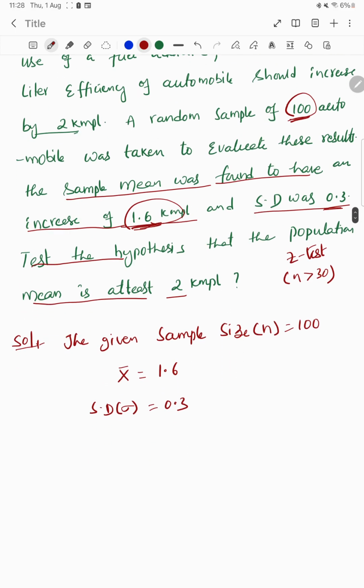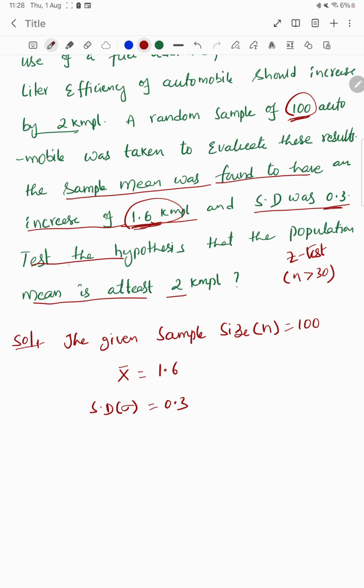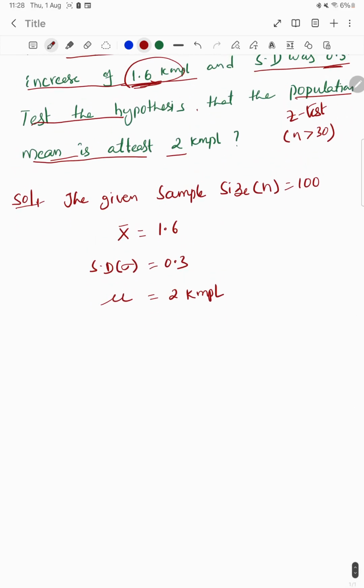And coming to the population mean, he is asking us to test that the population mean is at least 2 kilometers per liter. The population mean is generally represented by mu, which is equivalent to 2 kilometers per liter. So it's coming under testing of hypothesis.